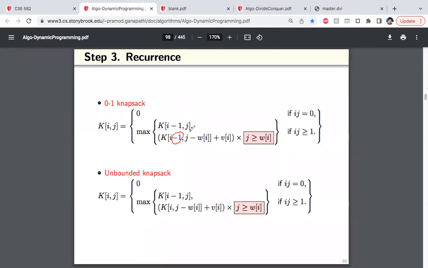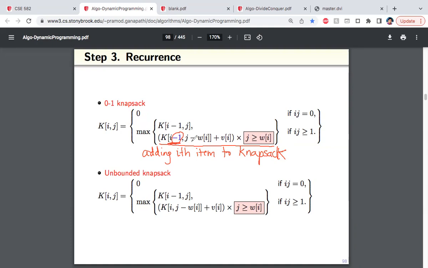What is the meaning of this case? This case means we are adding the ith item to the knapsack. In the 0-1 version, if we add the ith item, that item is no longer available.